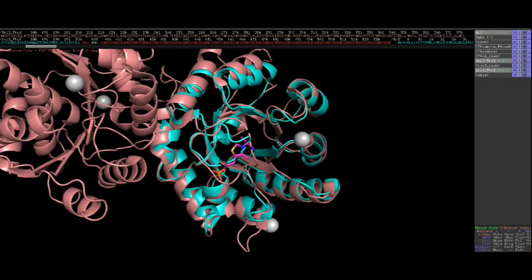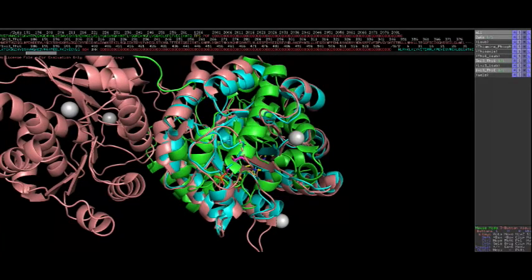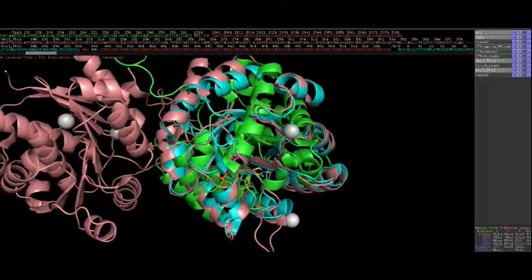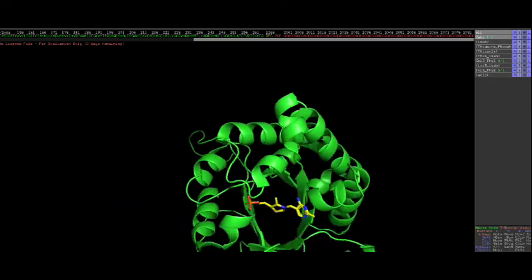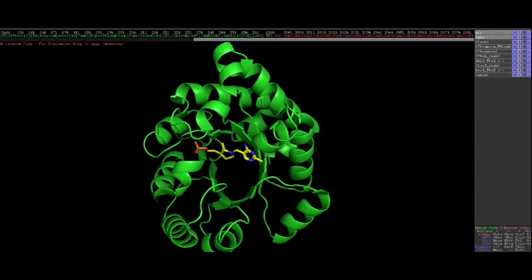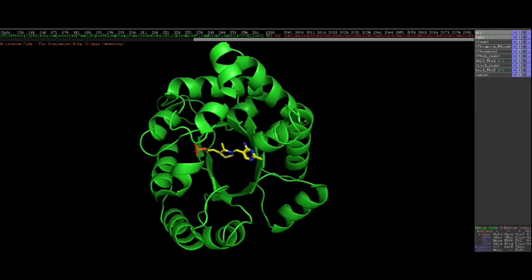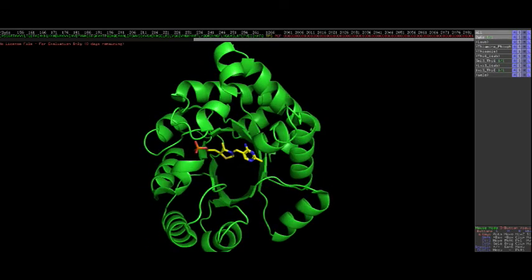I do have here in green the THIE from bacteria. That doesn't overlap as well with the other ones, but if we remove it, you can look in here and see our thiamine monophosphate, and you can see that it forms this alpha beta barrel fold, where we have the beta strands in the center and the alpha strands around the outside.